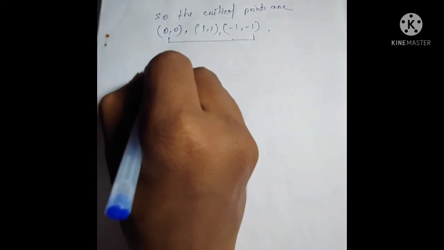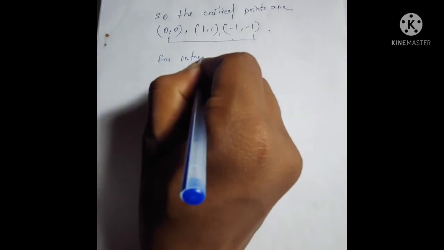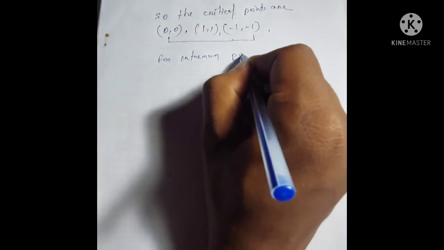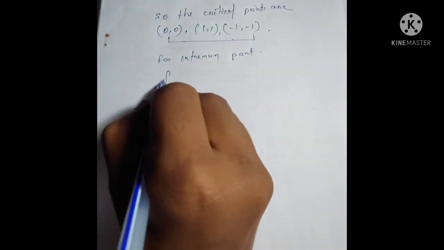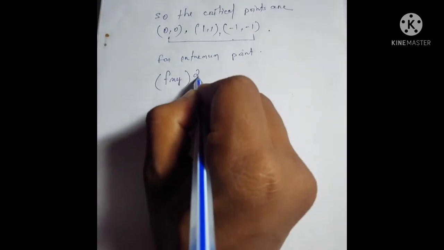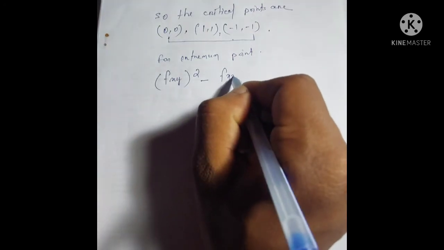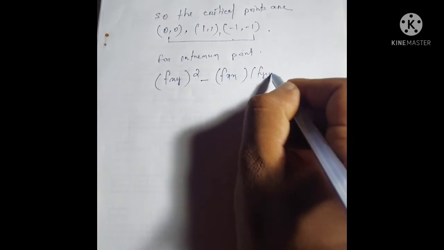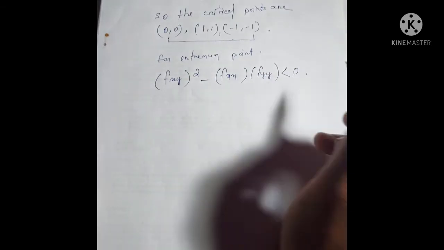Now, for an extremum point, the condition is that f of xy whole square minus f of xx into f of yy should be less than 0.